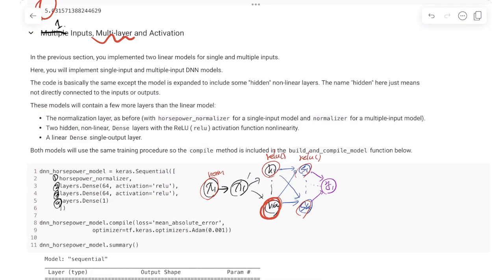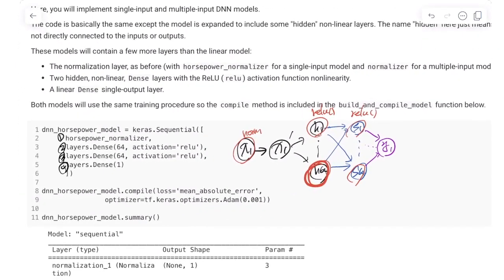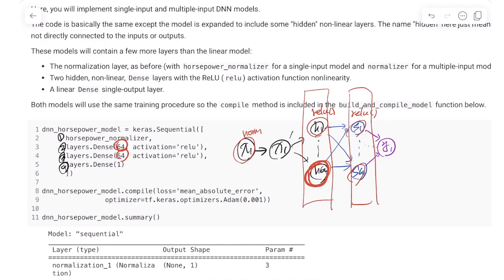hidden layers. So you can see that again we have 4 different layers. The first one is the normalization, and the second one we have 2 different hidden layers, and each one has 64 neurons. So here we have 64 neurons, and here we have another 64 neurons, and all of them perform ReLU activation, and then we have y.